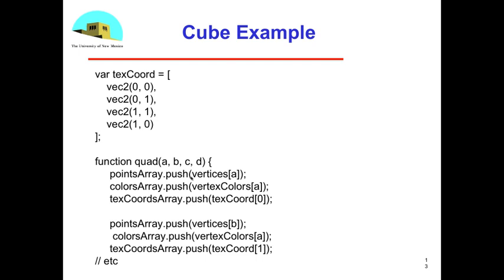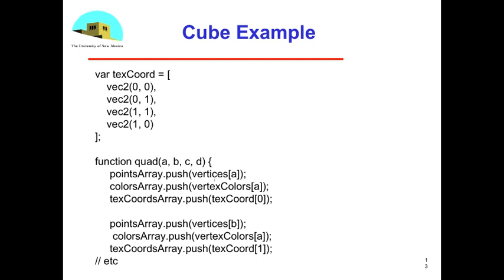Now if I look at the quad function, this is the beginning of the same quad function that we've been using all along, and the only thing I'm changing here is to add an array texCoord, a coordinate array, and what I'm going to do is now push the values of the texture coordinates onto that array.